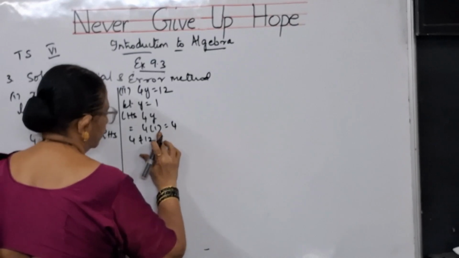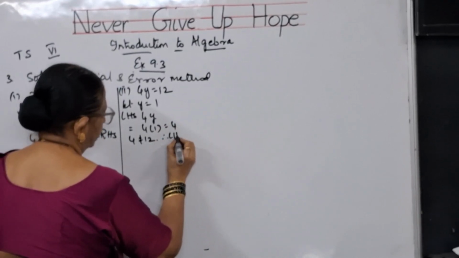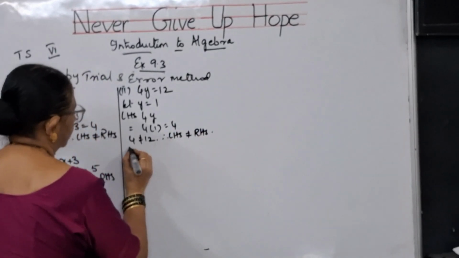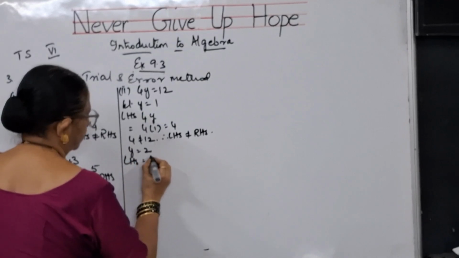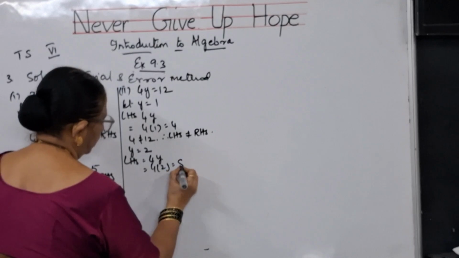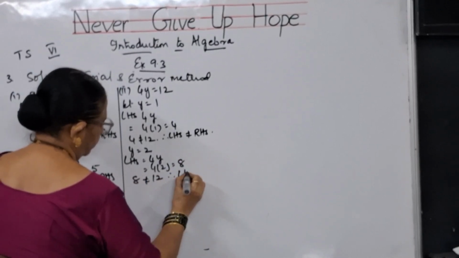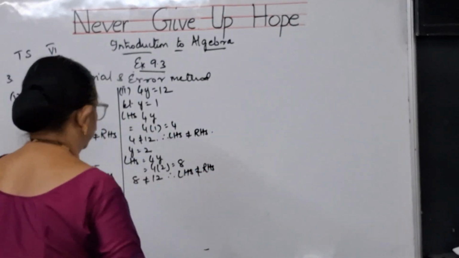Therefore, LHS is not equal to RHS. y is equal to 2. LHS 4y, 4 into 2, 8. 8 is not equal to 12. Therefore, LHS is not equal to RHS.